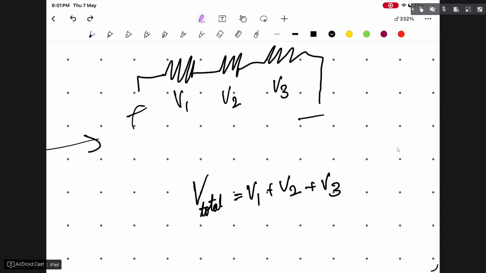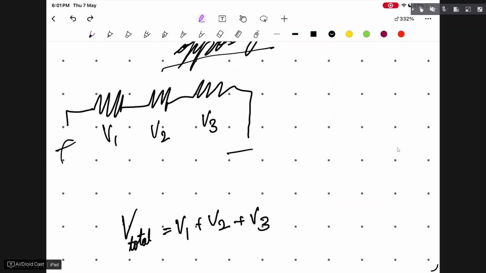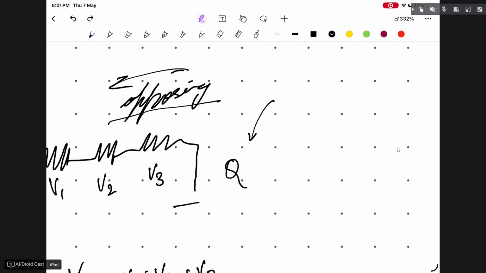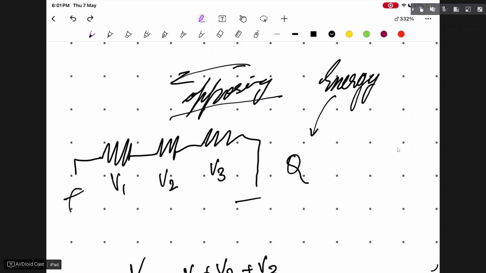Now what happens is here the charges will be the same. We know this from energy conservation. Energy conservation says that the energy of a closed system is always conserved.